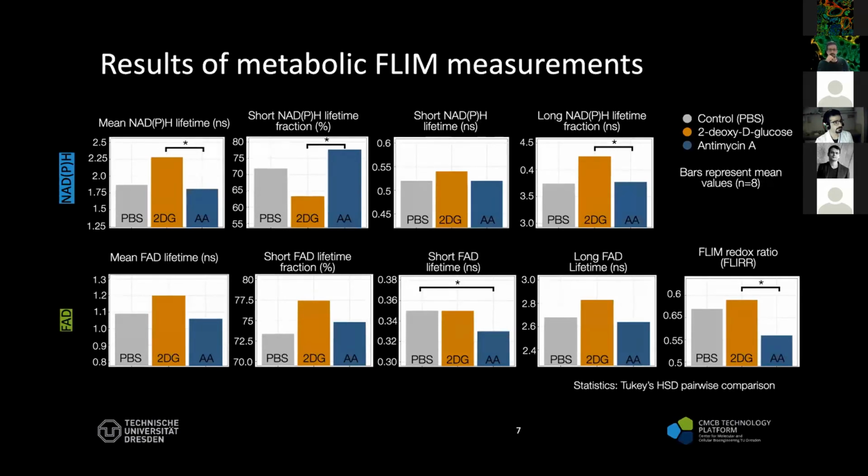Here you can see that it's in a range of 0.65, while upon inhibition of glycolysis, it increases slightly. Upon inhibition of oxidative phosphorylation, it reduces, and this actually goes along with the interpretation from the Periasamy lab, for example, that the redox ratio indicates an extent of an oxidative state.